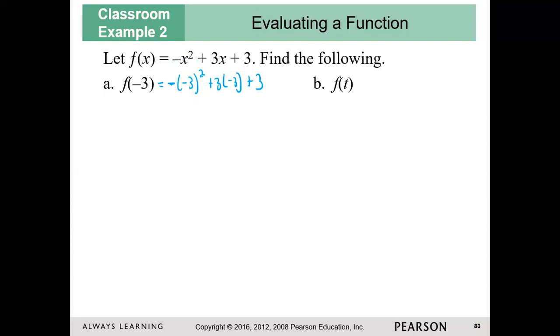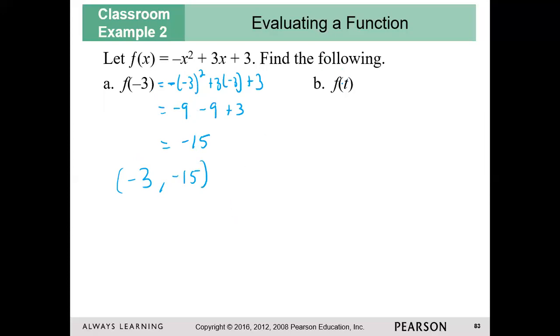PEMDAS says you deal with this exponent first, then you deal with this negative on the outside. So this result will be negative 9 minus 9 plus 3. So this is going to be negative 15, because negative 18 plus 3 is negative 15. So when the x value is negative 3 in this function, the y value is negative 15.